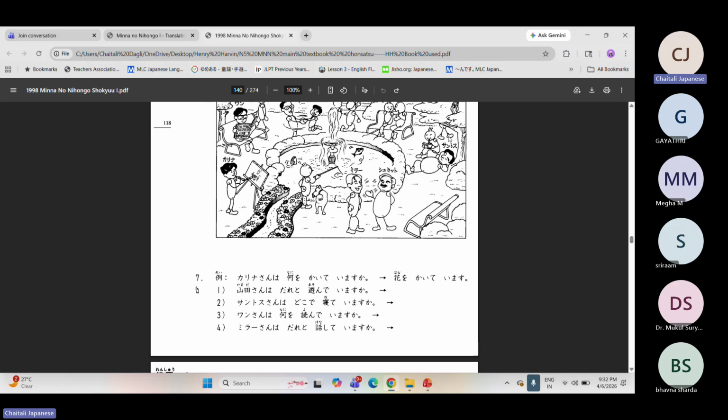Mira-san wa dare to hanashite imasu. With whom is Mira-san speaking? He's speaking with Shumito-san. So, Shumito-san to hanashite imasu. Clear? Perfect. I hope you guys have understood this.